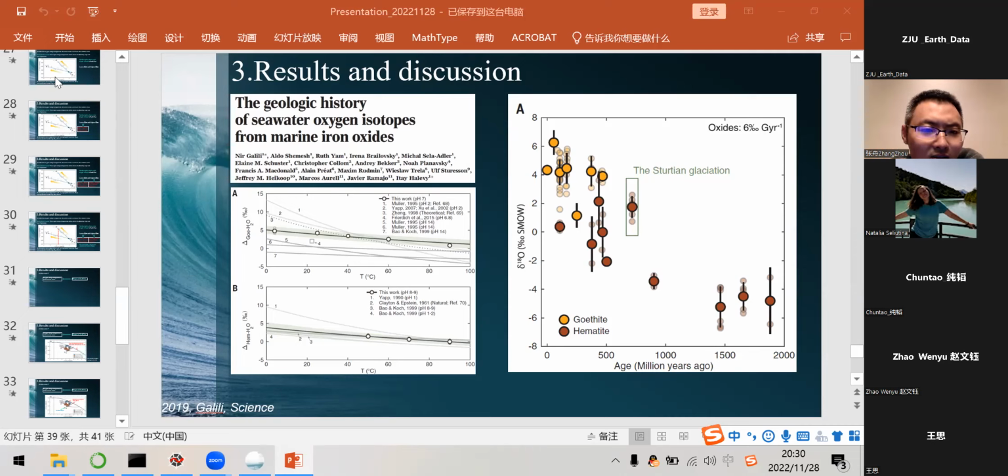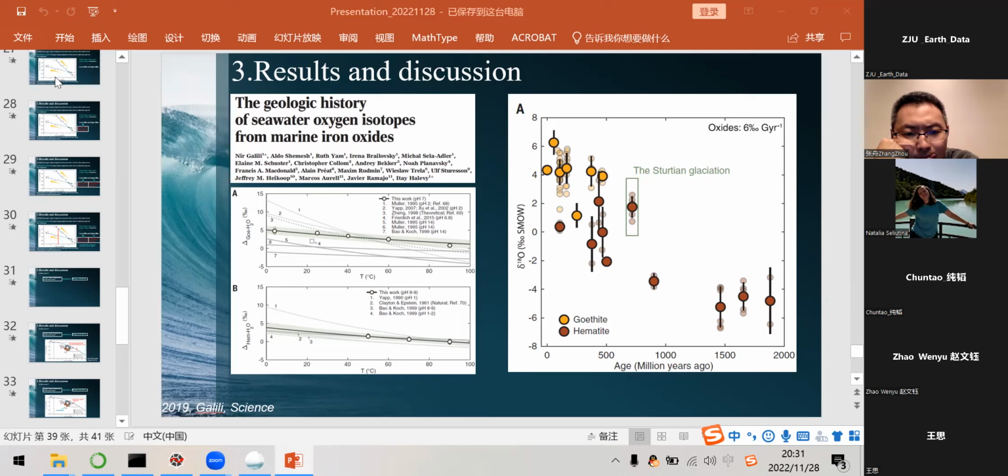Okay, so it's interesting too, because obviously for this Galilei paper, they have a team of more influential people in the community of sedimentary geochemistry. But I don't know whether there are people who study the modern diagenesis sedimentary process to see how oxygen isotopes are fractionated between the different minerals.